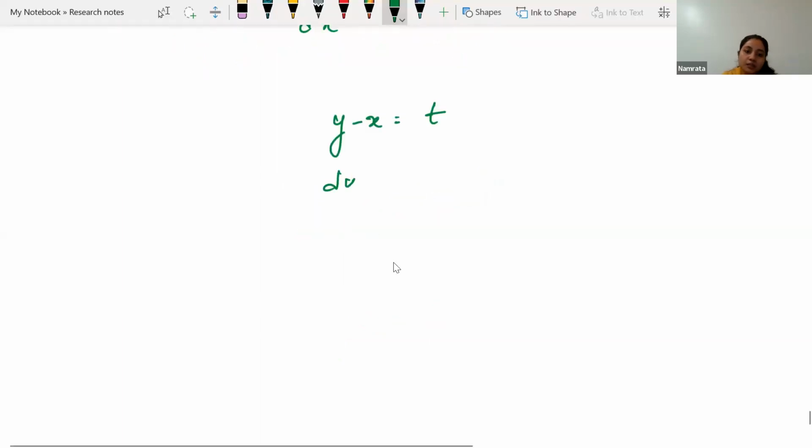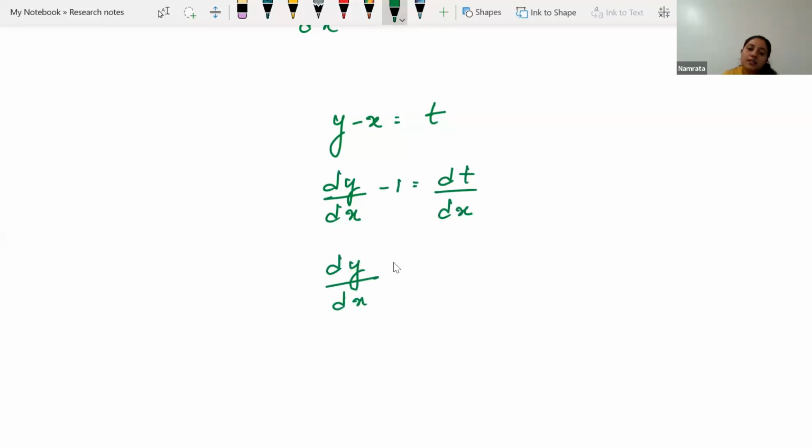Differentiating with respect to x, dy by dx minus 1 is equal to dt by dx. That means dy by dx is equal to dt by dx plus 1.